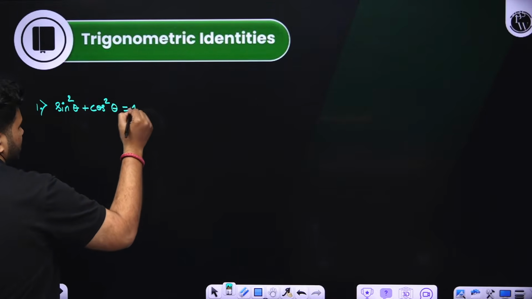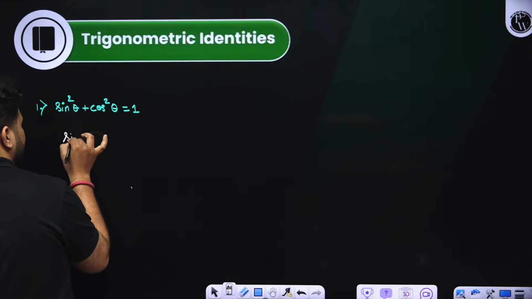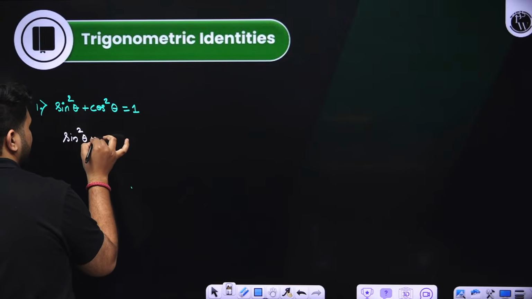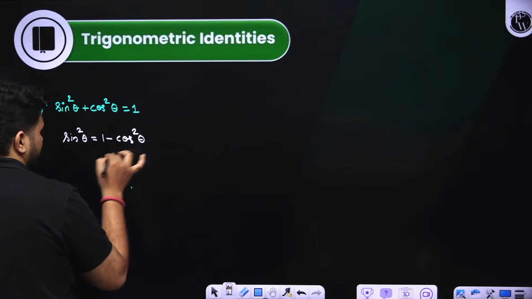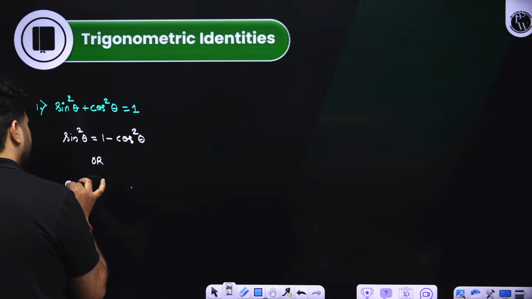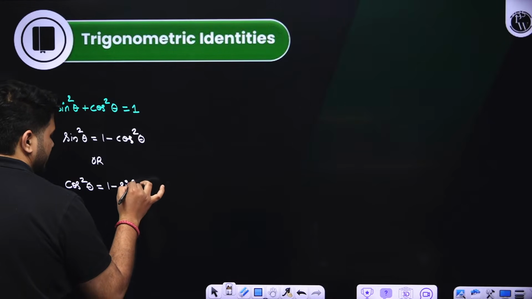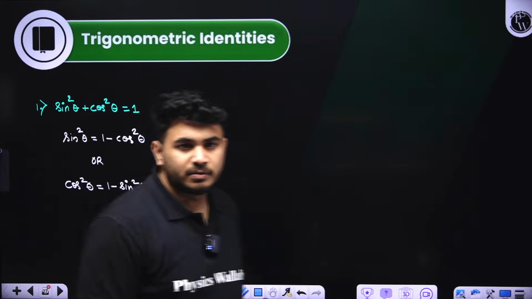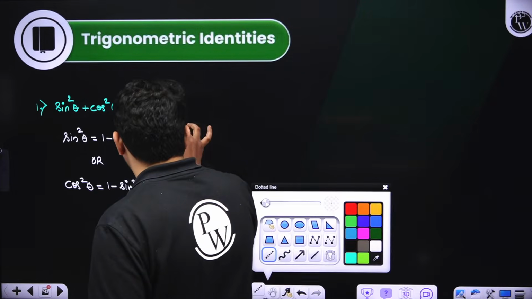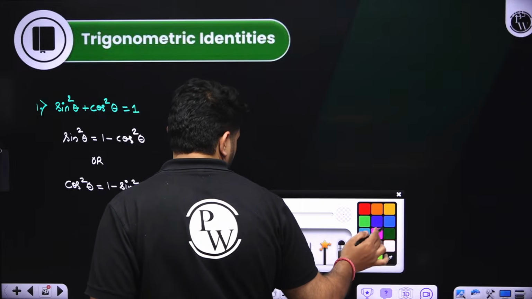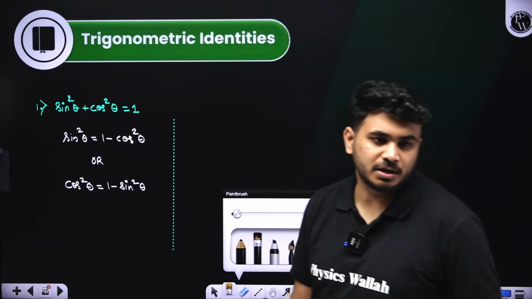So from here, sin square theta is 1 minus cos square theta, or cos square theta is equal to 1 minus sin square theta. Clear? Okay, fine. This is a Kannada channel.